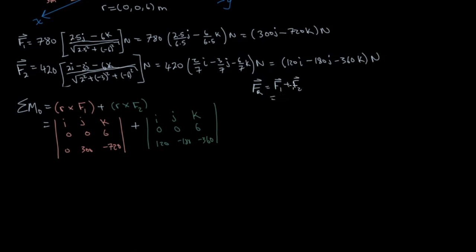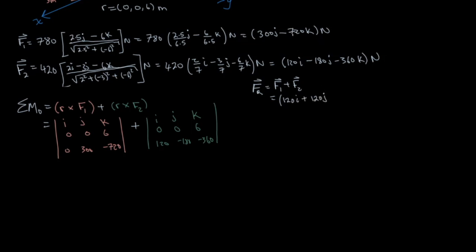And then what we're doing here is just collecting these terms. It'll be 200i. Okay, so we're going to add these together. So 120i. And then we're going to sum up 300 and negative 180, which is going to be positive 120, so plus 120j.